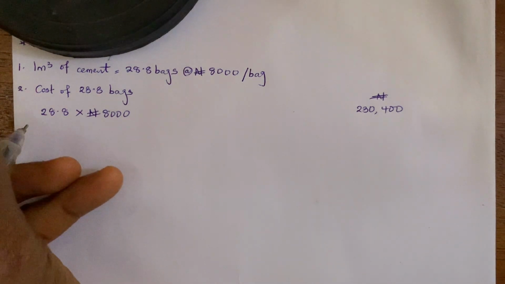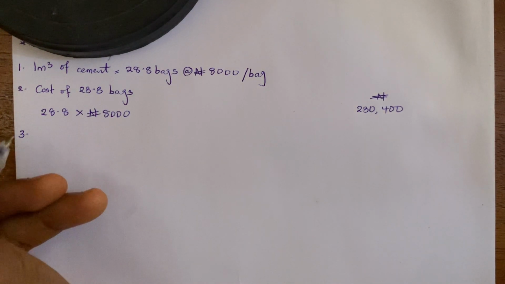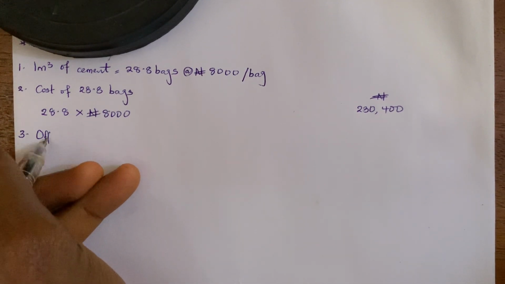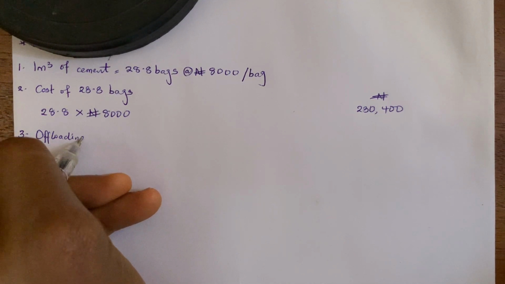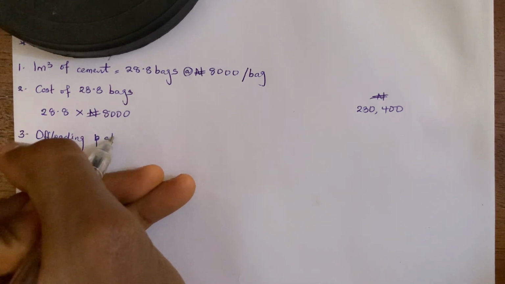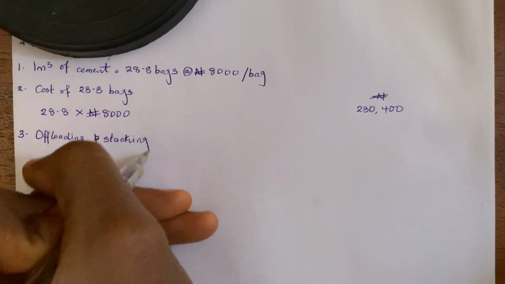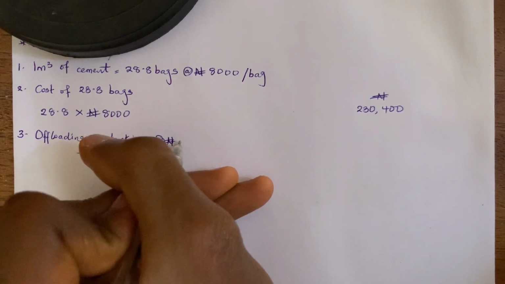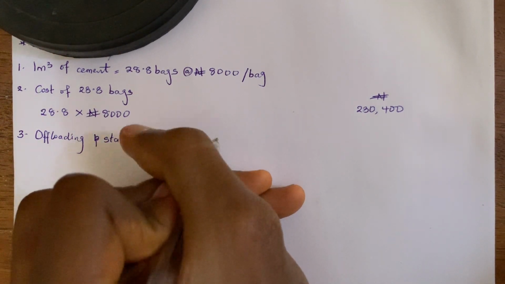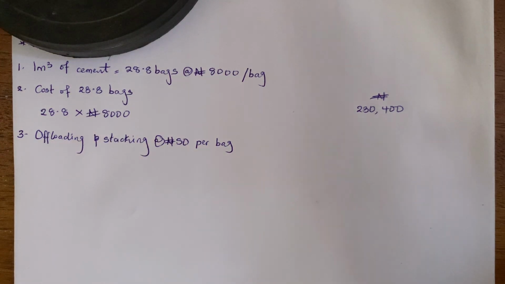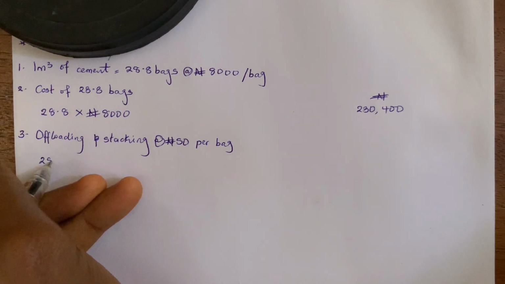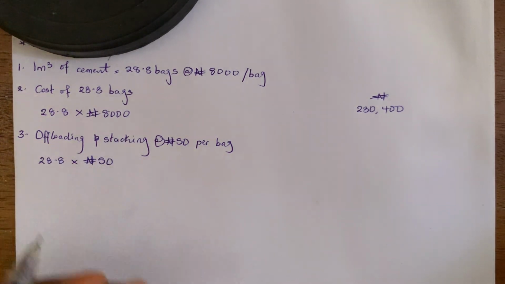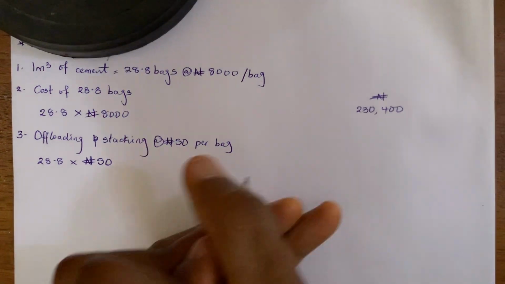The next one, we now have to cater for the offloading and stacking for the bags of cement. So offloading and stacking at 15 naira per bag would now become 28.8 multiplied by 15 naira, and that is going to give us 1,440 naira.